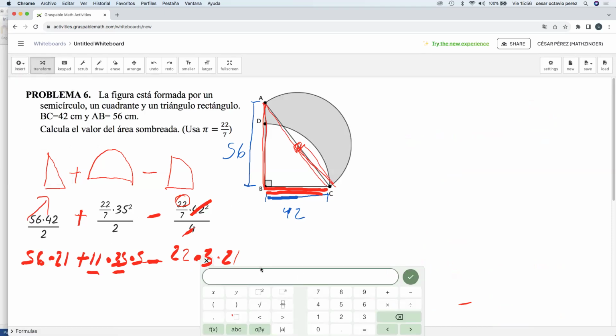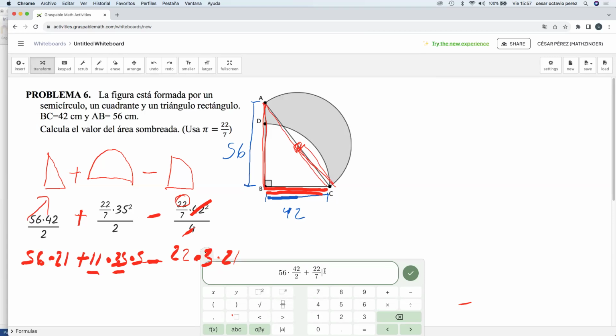Okay. 56 times 42 divided by 2. Okay. Plus pi times 35 squared. Oh, no.